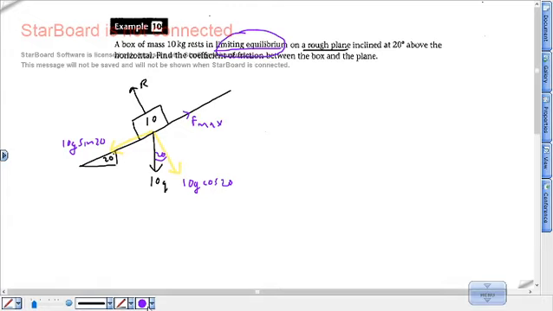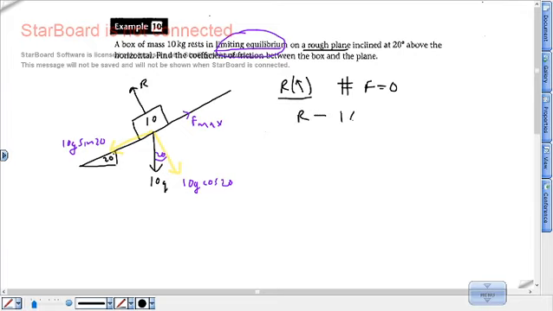Right. So to start us off on this question, we're going to need to resolve perpendicular to the plane. So resolve perpendicular to the plane, up is positive, brackets, underlined. Net forces in that sense, well, we know that's got to equal 0 because it ain't going to float up and it's not going to sink into the ground. So let's have a look at them. We've got R is the only positive one.